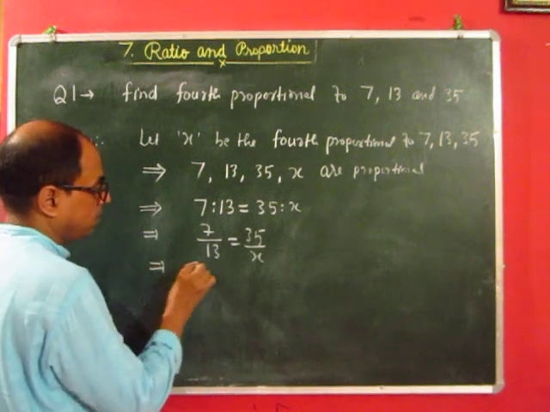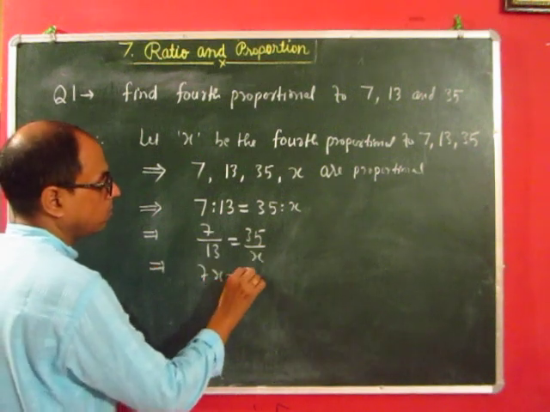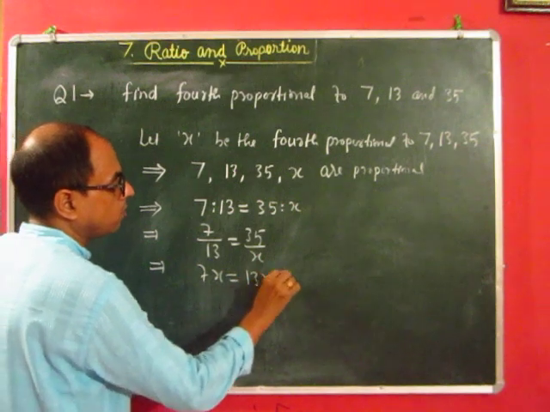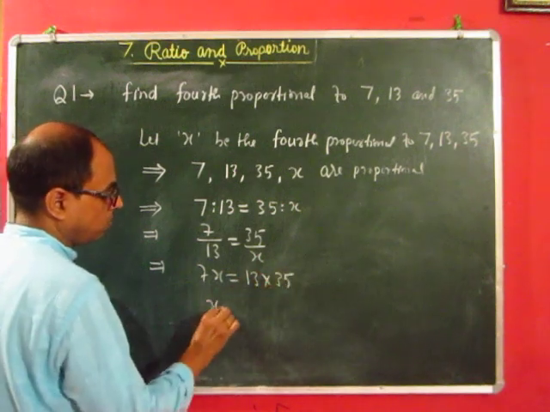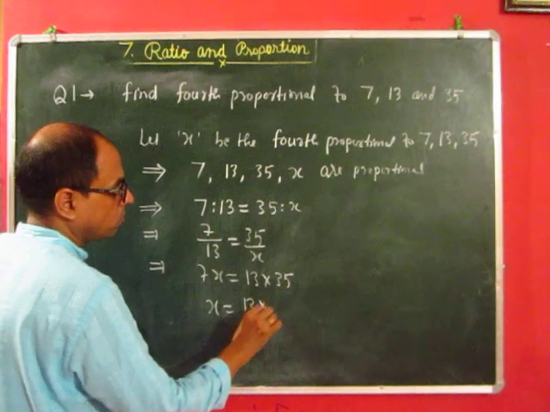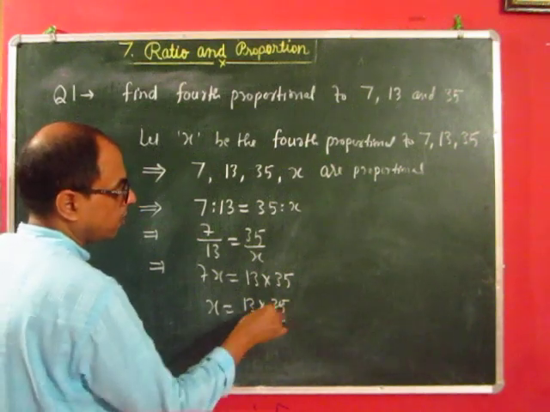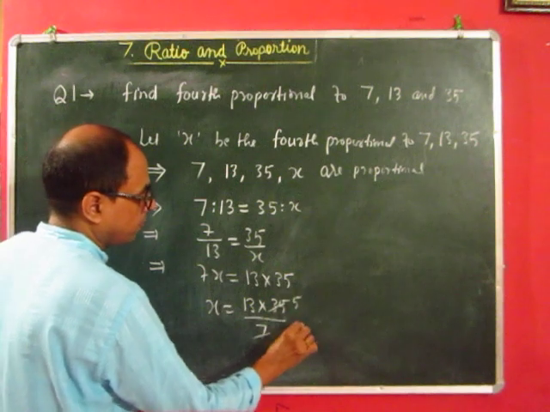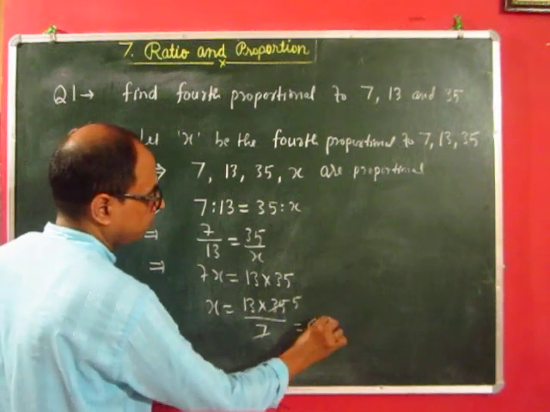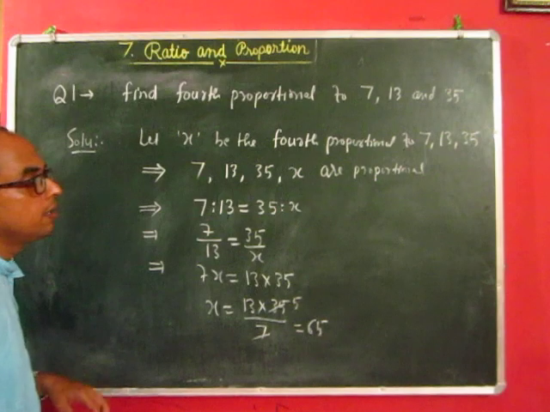So this implies 7x equals 13 into 35. So x is equal to 13 into 35 by 7. So 7 5s are 35, so it will be 65. So value of x is 65.